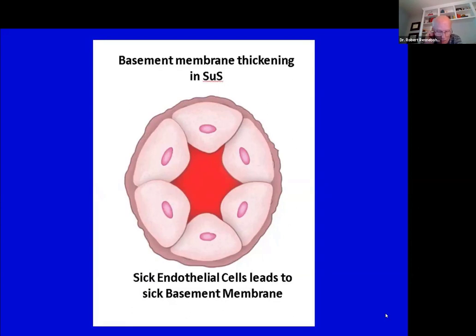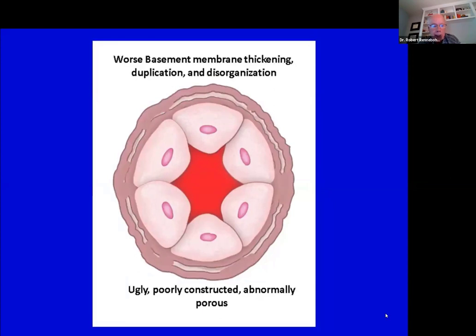Here's an arteriole with moderate endothelial cell sickness and swelling that has led to moderate thickening and disorganization of the basement membrane. And here is a more severe case with a greater degree of basement membrane thickening, duplication, and disorganization. The basement membrane becomes sloppily maintained and abnormally porous.